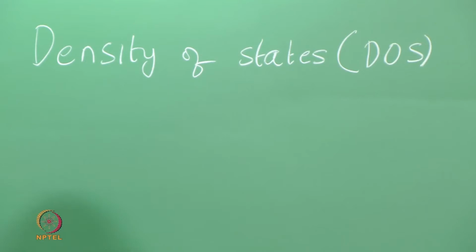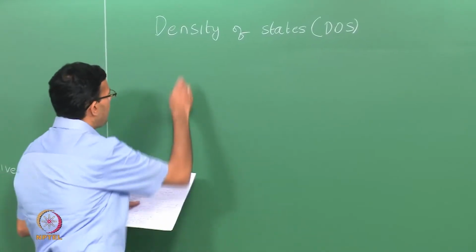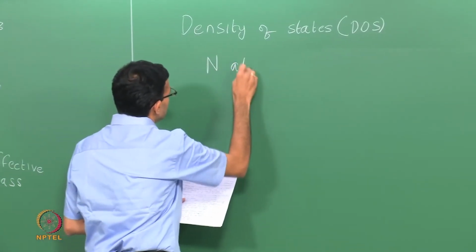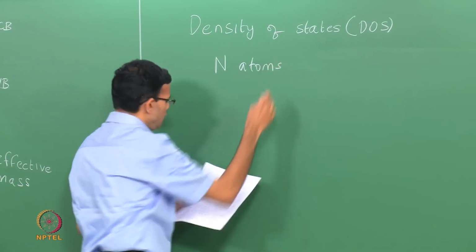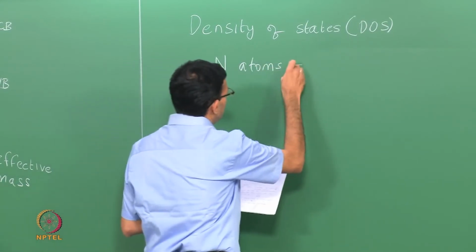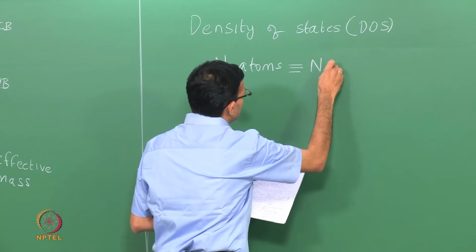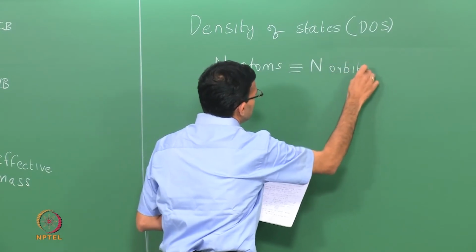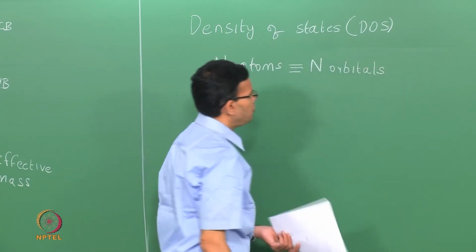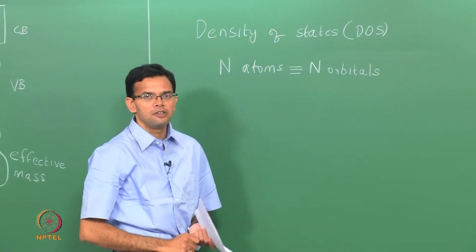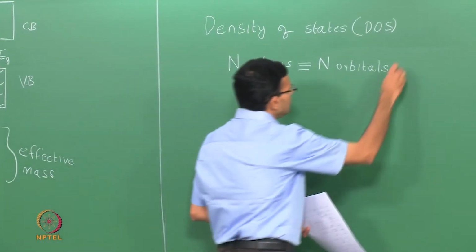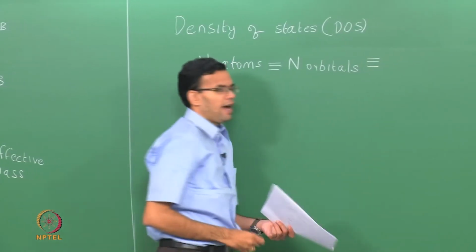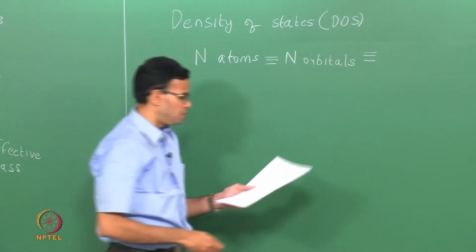Briefly, if you have a system where there are n atoms, we saw that they give rise to n orbitals. So these could be atomic orbitals which come together to form molecular orbitals, and each orbital can have 2 electrons of opposite spin.